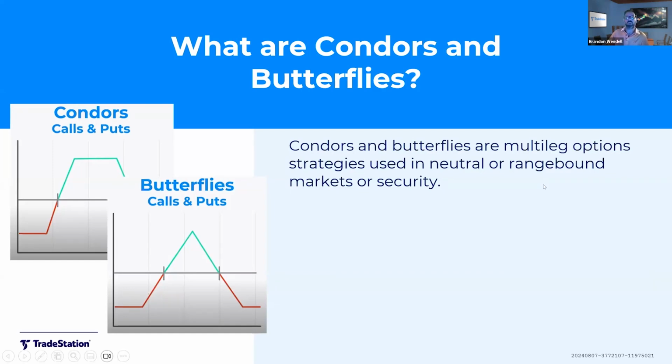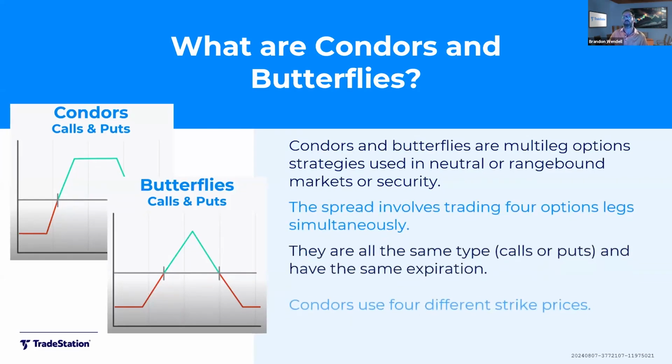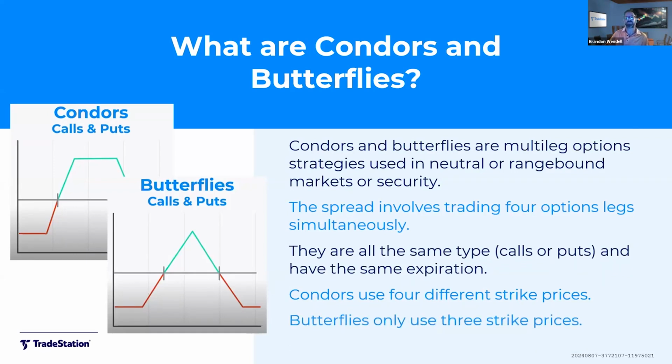Anyway, what we're looking for is an opportunity to profit, as I mentioned, from prices going nowhere, staying either within a range or relatively quiet, whether it be a future, index, stock, or ETF. So this is a four-leg option spread where we're going to use either all calls or all puts.